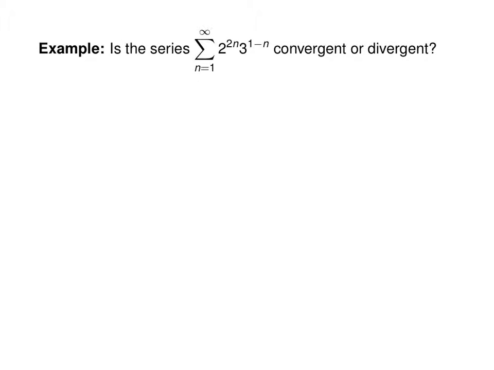Now, is this series convergent or divergent? It's not very easy to tell as is, so let's try to manipulate it a little bit. So we'll have the sum from n equals 1 to infinity. Now, first of all, 2 to the 2n can be written as 2 squared to the n, and then 3 to the 1 minus n can be written as 3 to the first times 3 to the negative n.